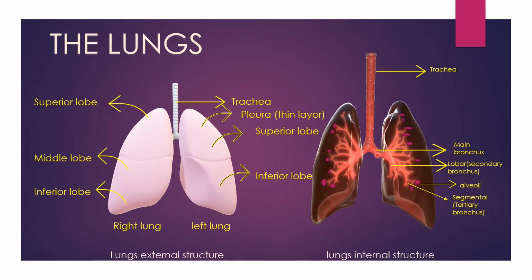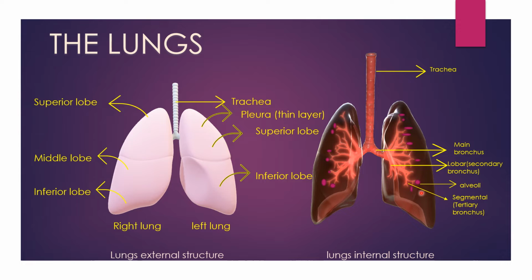Now you can see here this main bronchus divided into secondary bronchus, and this secondary bronchus will further divide into tertiary bronchus structure. This is a branch type structure.